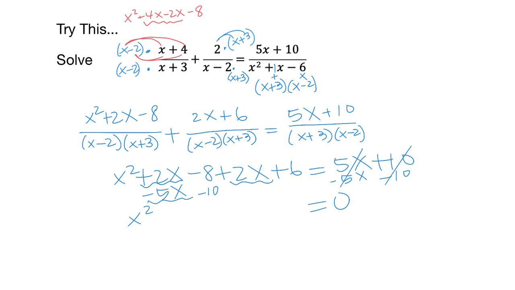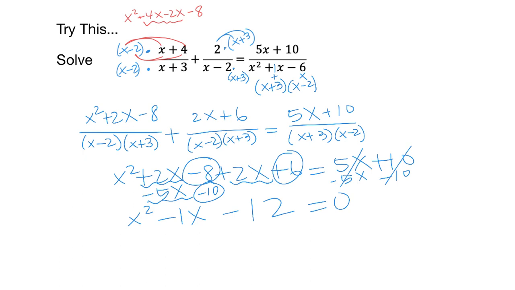And a minus 5x would leave us with a negative 1x. Then we had lots of numbers also that could go together. So negative 8 plus 6 would be negative 2. Minus 10 would be a negative 12. So lots of things, they all went together.